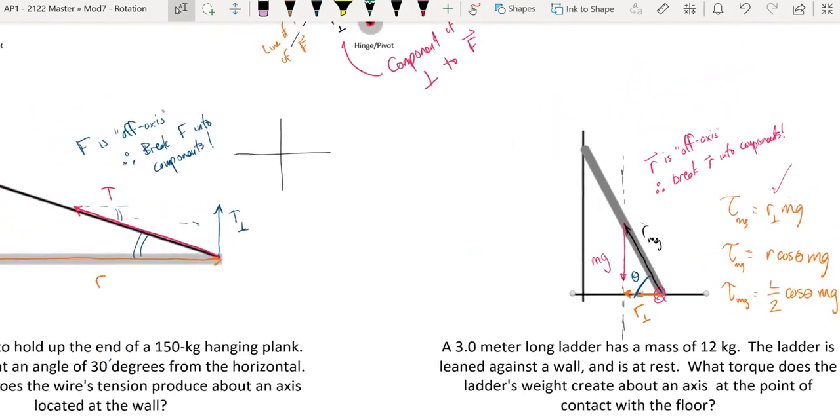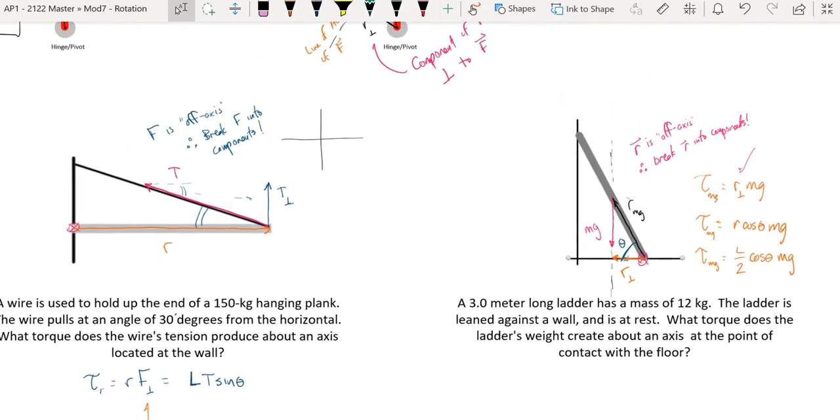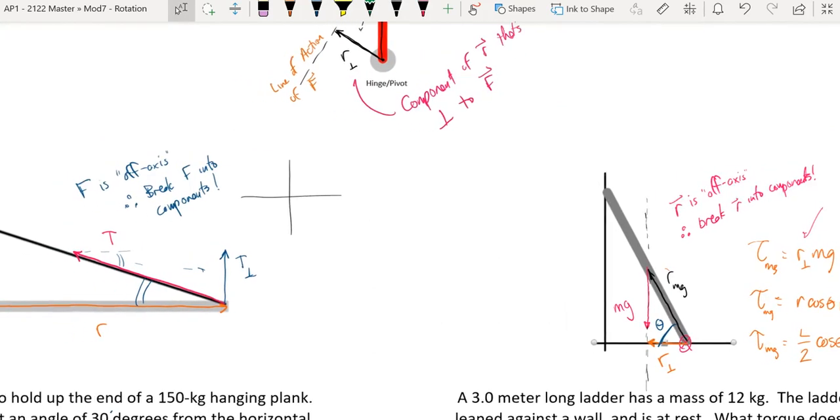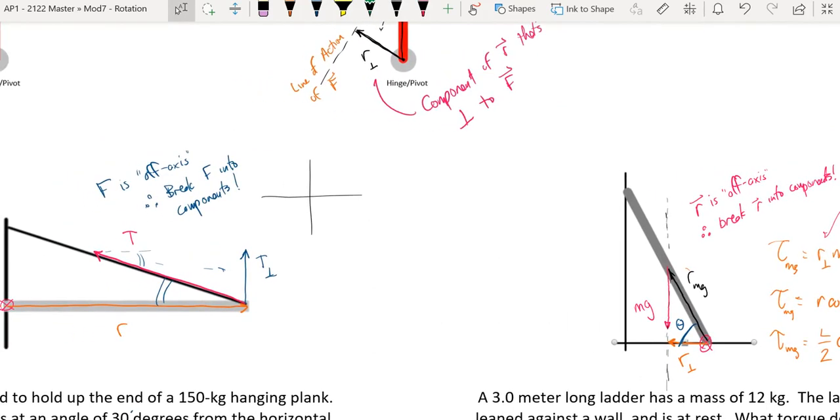Okay? So you're going to see some situations in which you have choices. I mean, quite literally, there are practice problems that look very much like these, where you have to figure out which thing you should break into components. And what I would do is ask yourself, which vector is off axis? Is it R or is it F? Whichever one's off axis, I would break it into components.